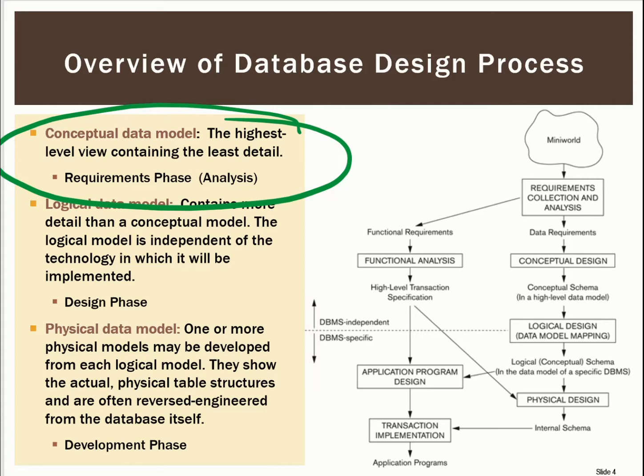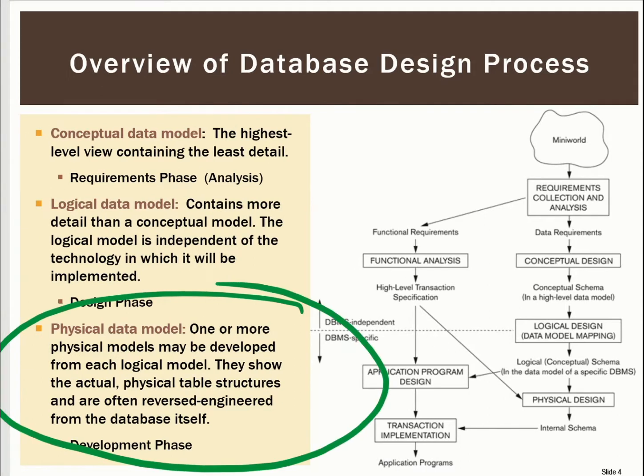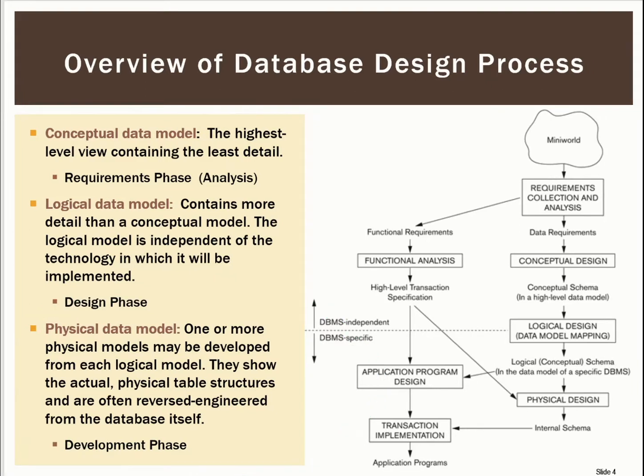Then, at the very end of the spectrum, once we implement a database, we have something called a physical data model. The physical data model is what is used when we are actually creating the physical database. As you might expect, there are differences between the physical data model and the conceptual data model. The biggest difference is the physical data model is real. That's exactly what you find in your database.